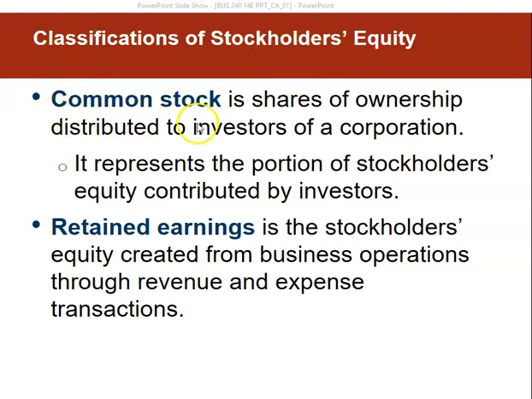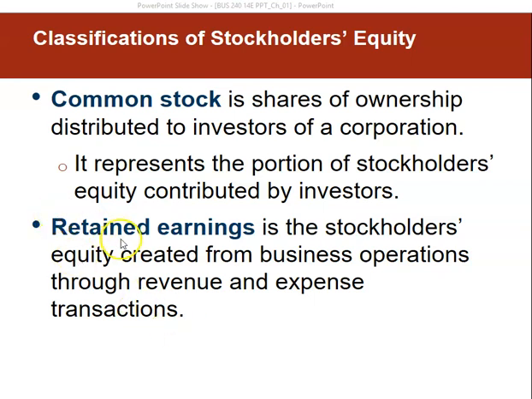We have common stock, which is simply contributed capital by investors. So Chris Clark, remember, he put the $25,000 into the company. Company got $25,000. He got common stock totaling $25,000 that represented his investment.